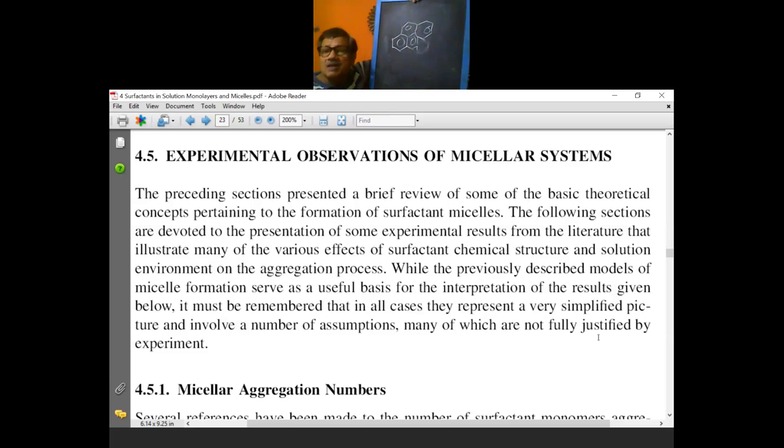Now, this pyrene is highly hydrophobic. If you have a micelle, then it is obvious that this pyrene fluorescent probe will prefer to stay at the micellar surface or at the interface or the core of the micelle. And when I perform the quenching experiment, the quenching would occur at the micelle.